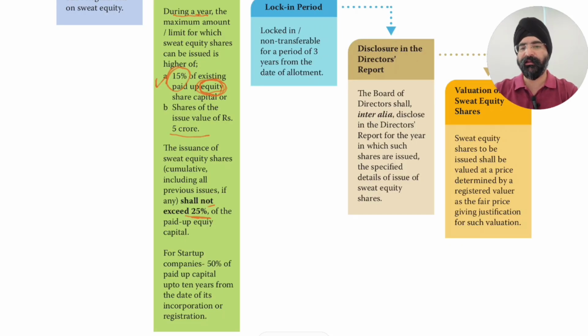The other condition is the maximum limit. One is the value of 5 crores, the other is 15% of paid up equity share capital, if that goes above 5 crores, but still it cannot exceed 25% of paid up equity capital.